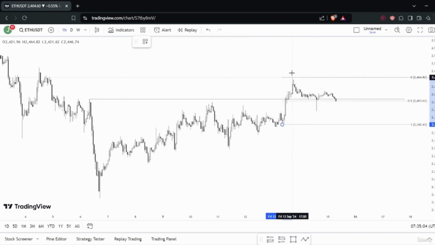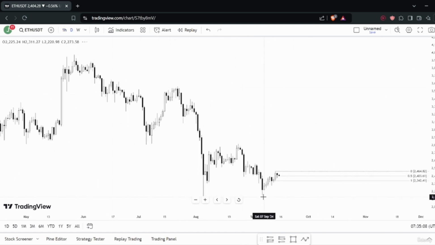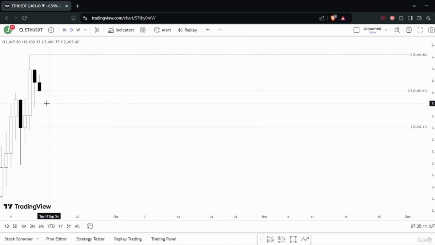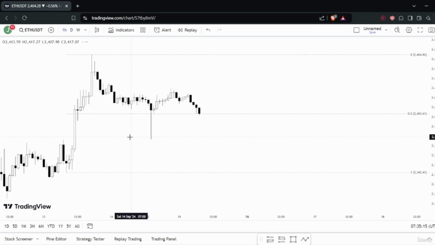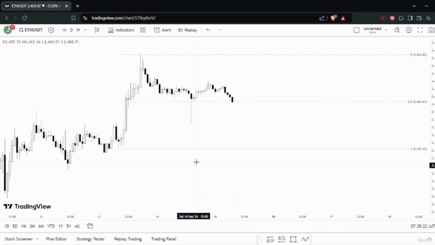Right now it's happening the exact same thing. Now the question is, okay, we tapped into what? We tapped into the 50 previous day. Perfect. Now we're tapping into it right now. Now we could enter right here. Yeah, we could.